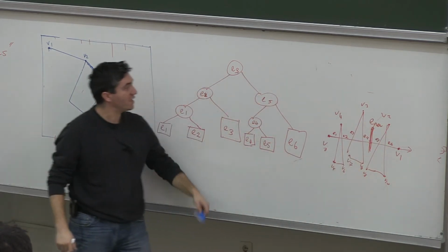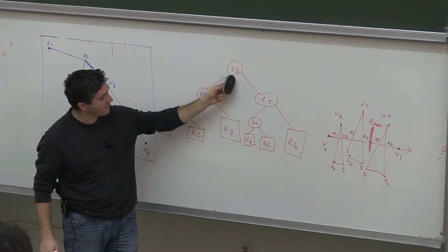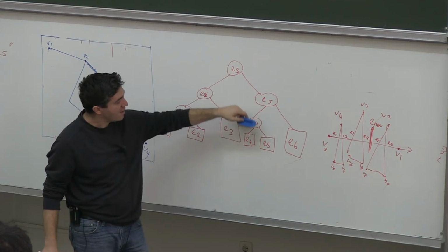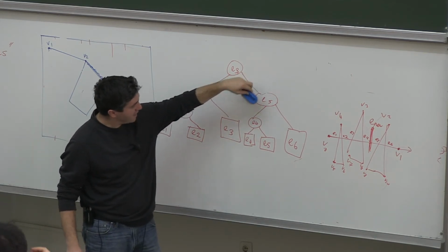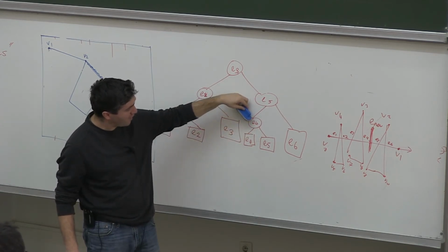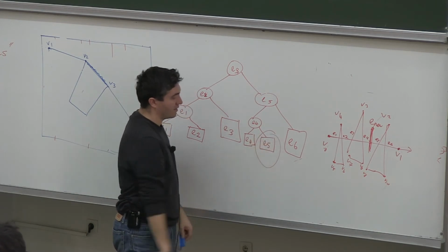We want to find out whether E new is closer than E3 or not. We see it's further away from E3, so we continue searching on this tree, and we see that it's closer than E5, and we continue from here, and it's farther away from E4. It's going to be inserted somewhere here, okay?